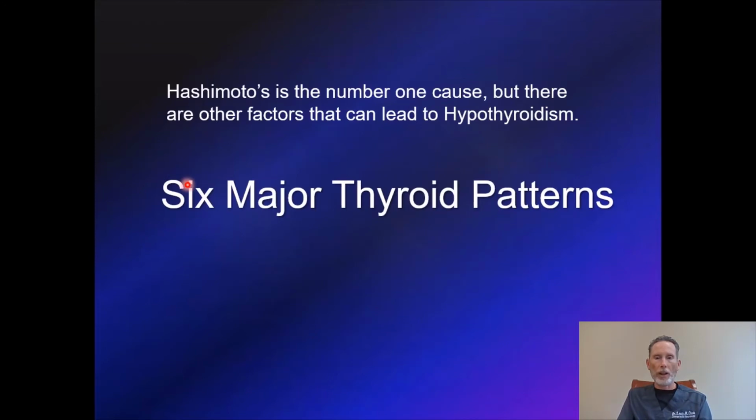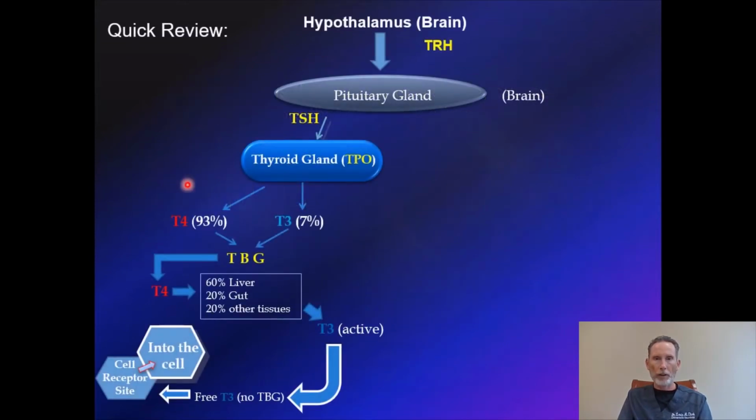Now let's look at the other 6 major thyroid patterns. We're going to go back and look here at the physiology of thyroid and thyroid hormone. So it starts with the brain and the hypothalamus, which turns on the pituitary gland, and then the pituitary turns on the thyroid gland.